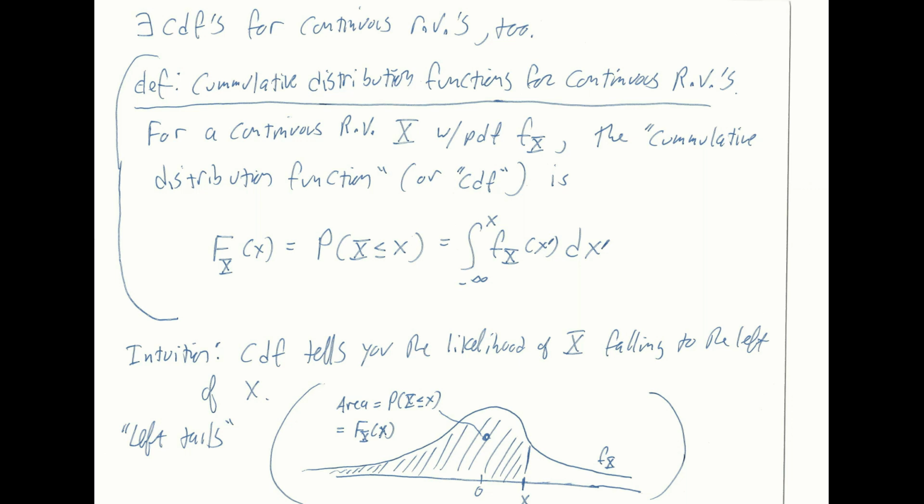So the idea, we can look at this image in the bottom here, and we're going to talk more about this image later on. But the idea is that little x is a fixed value on the horizontal line, and we're integrating from negative infinity up to that little x. My dummy variable of integration, x prime, is going to slide along the horizontal axis from all the way on the left at negative infinity and move right, adding up values until it gets to little x.